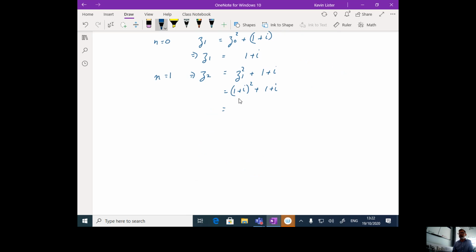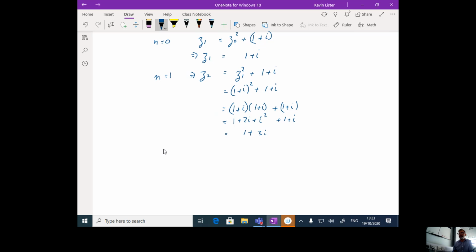Scroll down and we're going to expand this term out here. (1 plus i) squared is (1 plus i) times (1 plus i), plus 1 plus i. So we can multiply this bit out and then add this. 1 times 1 is 1. 1i plus another i is going to be 2 lots of i. Then I've got i times i, which is i squared, plus 1 plus i. We know that i squared is minus 1, so that minus 1 and that 1 can cancel. Then I've got 2i plus i, which is 3 lots of i, and then I've got 1.